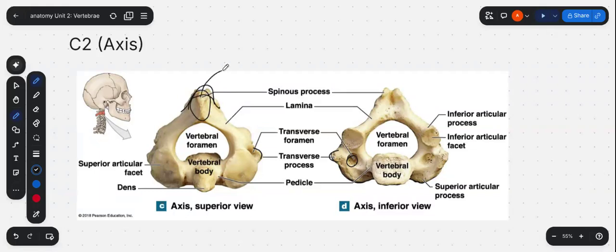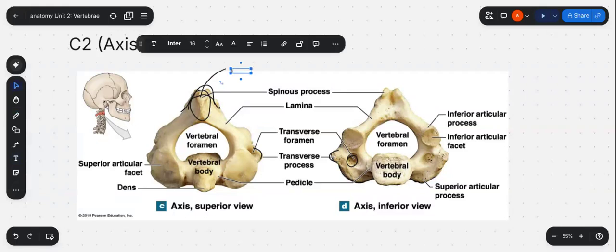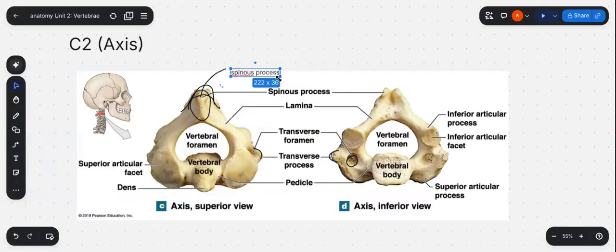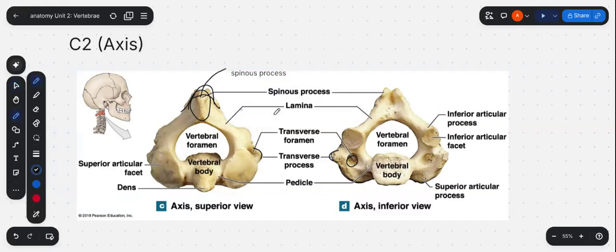I kind of think of it as the trunk of the vertebrae. So that is your spinous process. It is also spelled out right over here for you guys. Then you have your vertebral body, which is going to be this portion over here. It is basically just a circular or oval shape.